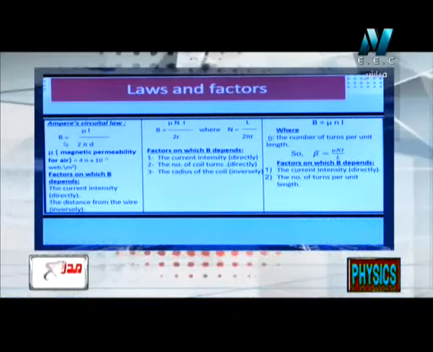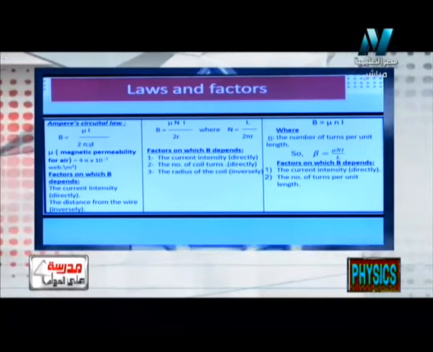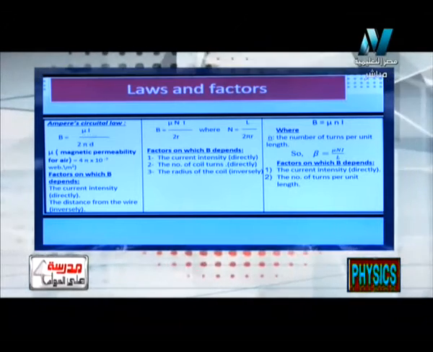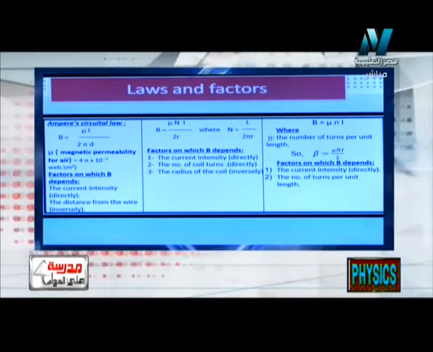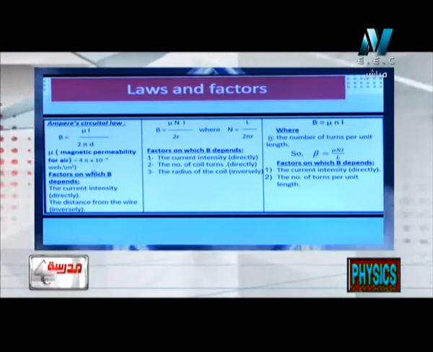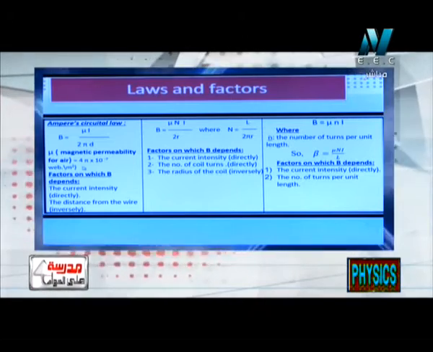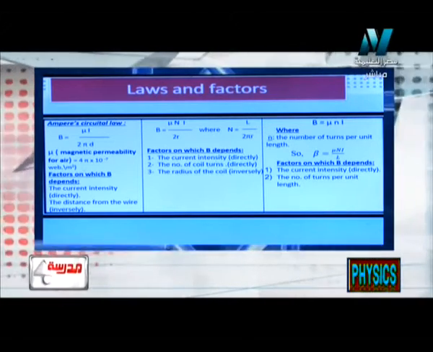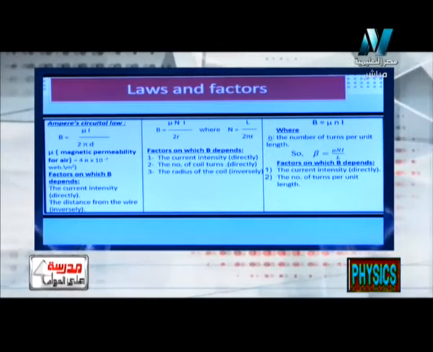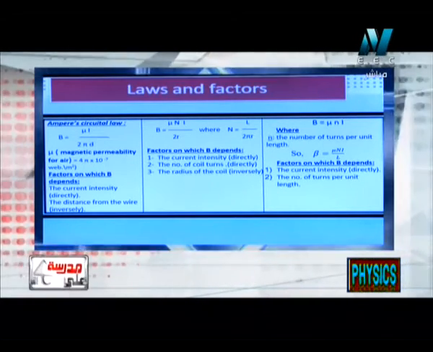For magnetic flux density around a straight wire carrying a current, beta equals mu I over 2 pi d. Mu is the magnetic permeability, and here in Egypt in our curriculum we just deal with the magnetic permeability of air and sometimes of iron. We just deal with the two substances.